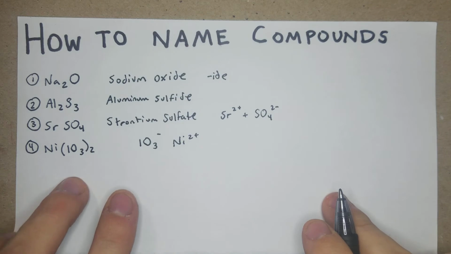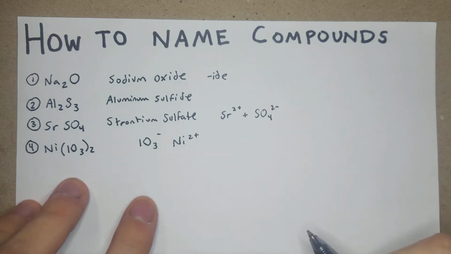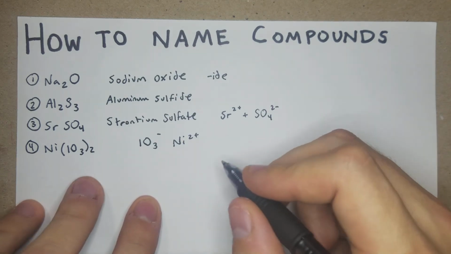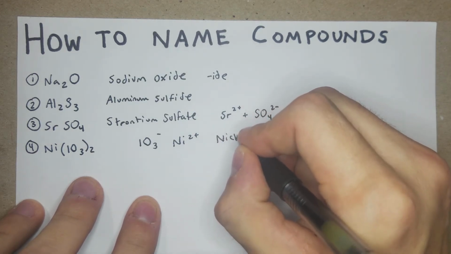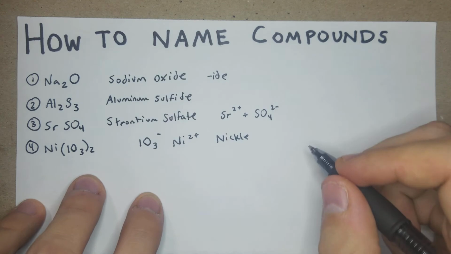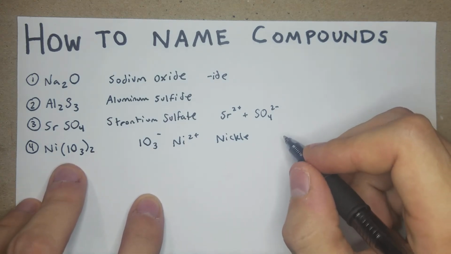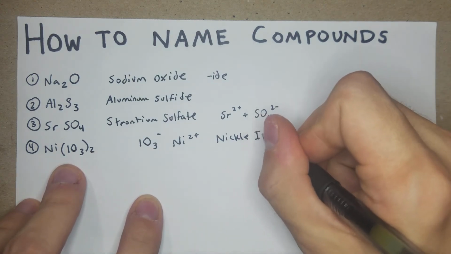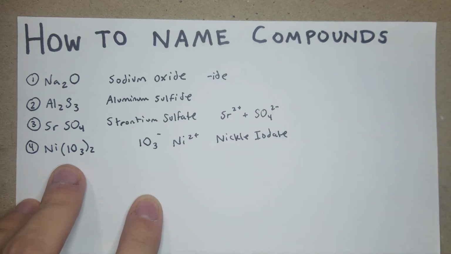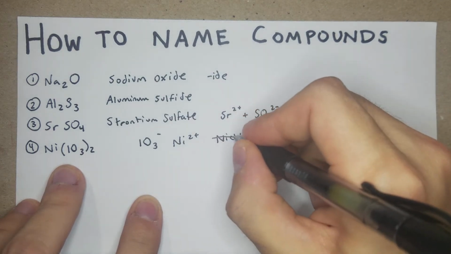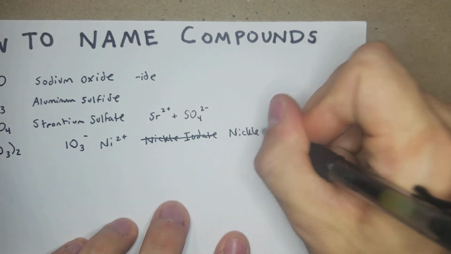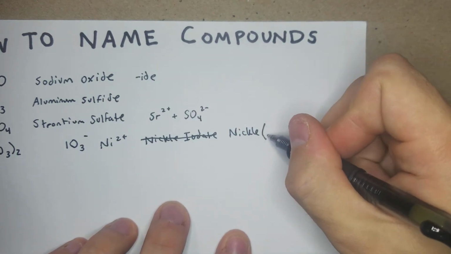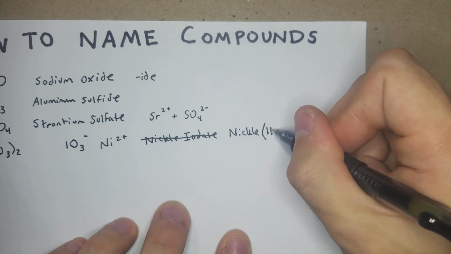So in this case, with a lot of those metals that are variable in their charges, instead of it just being nickel iodate, it's going to be nickel, and then we include the charge there with Roman numerals, 2.